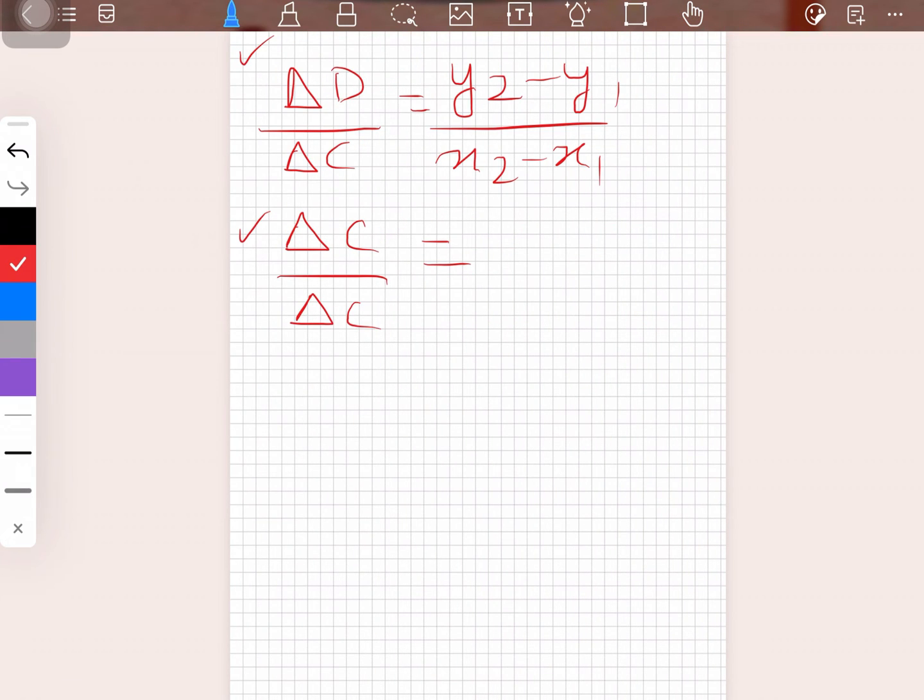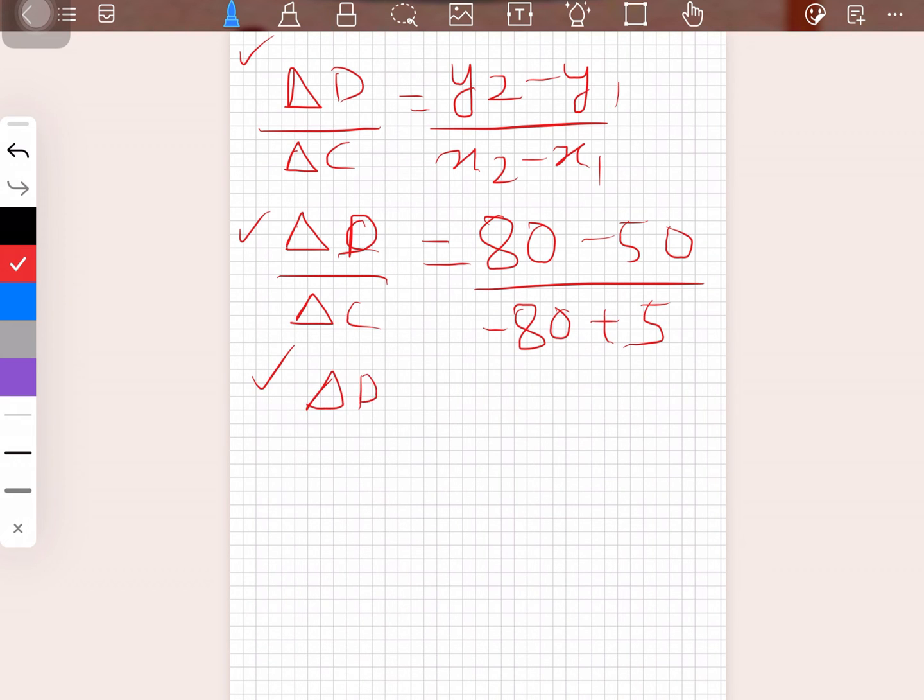Then y2 minus y1 would be 80 minus 50, and x2 minus x1 would be minus 80 plus 5. So change in D by change in C is equal to 30 by minus 75.